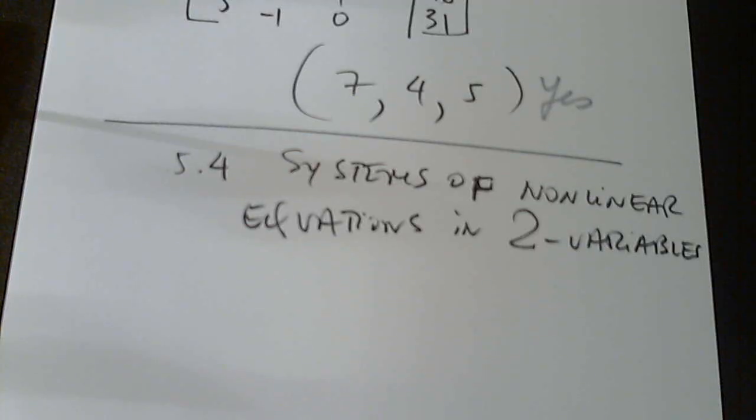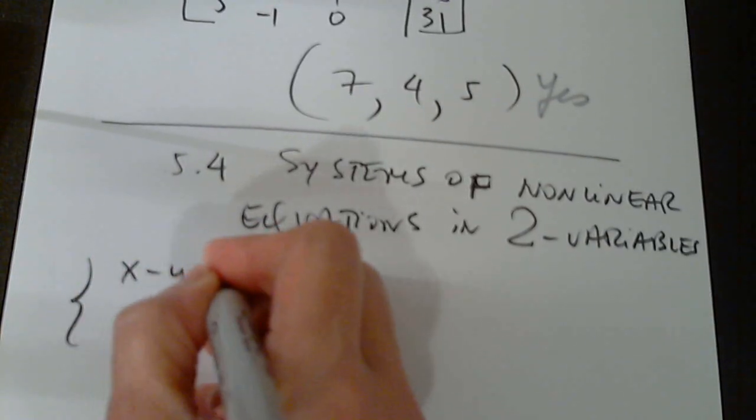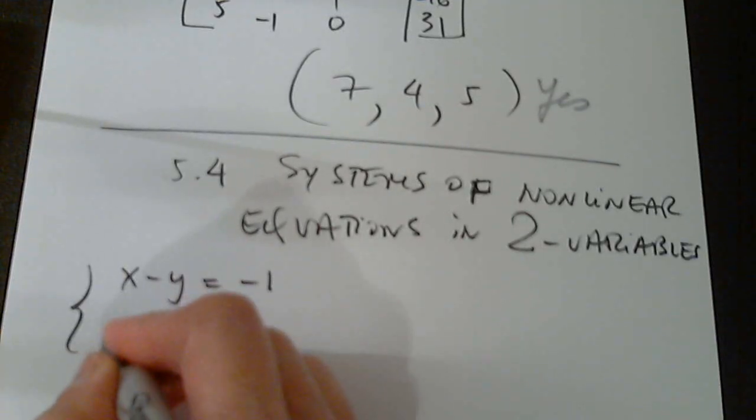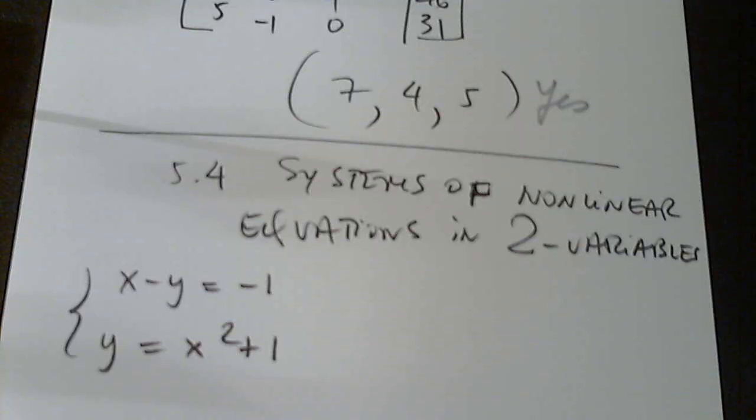So let me choose the first example. X minus y equals -1, and y equals x squared plus 1. Any suggestions? It's already set for what we want to do.